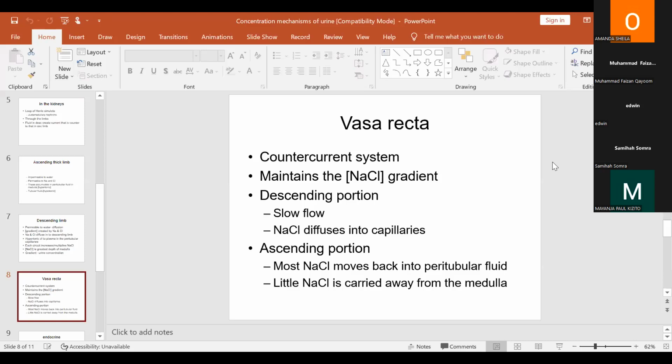Very little sodium chloride, therefore, is carried away from the depth of the medulla through both systems, whether it is the countercurrent multiplier or the vasa recti. And therefore, both systems are geared towards concentration of the medulla.